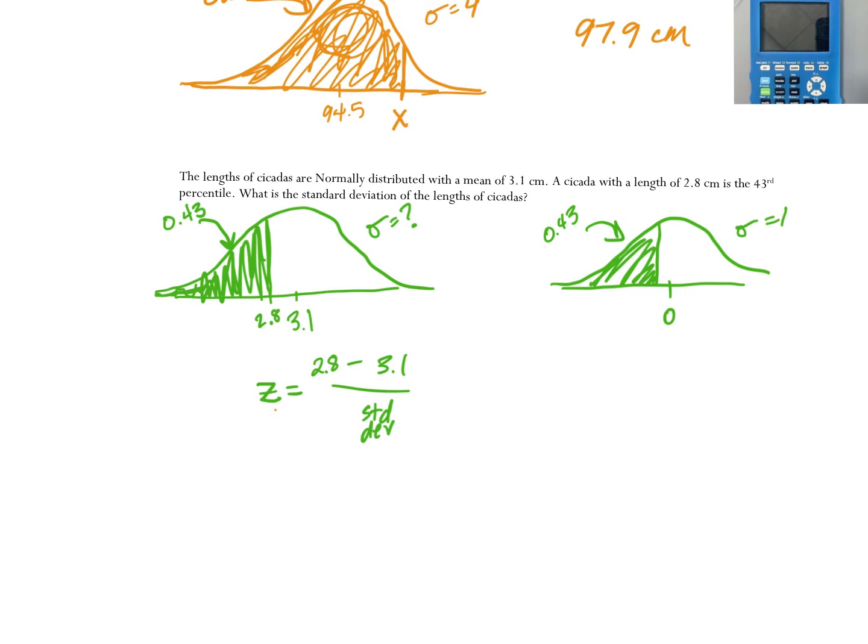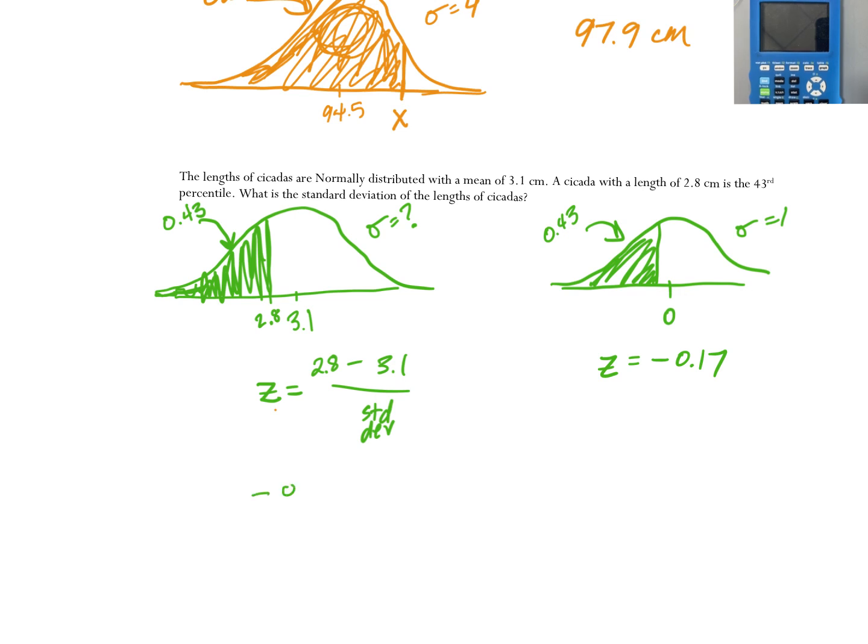Now, I bet I can guess. Do you think I can get close? It's negative, but barely. Like negative 0.23. How close am I? 0.17? It's negative 0.17? Okay, so I get from this that the z-score is negative 0.17. And that's just using inverse norm, okay?